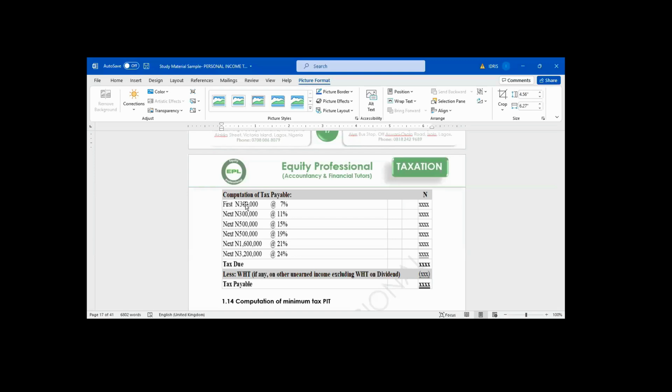Second 300,000 naira at 11%. Next 500,000 at 15%. Next 500,000 at 19%. Next 1.6 million at 21%. Next 3.2 million at 24%, and above 3.2 million at 24%. That is how you compute your personal income tax.